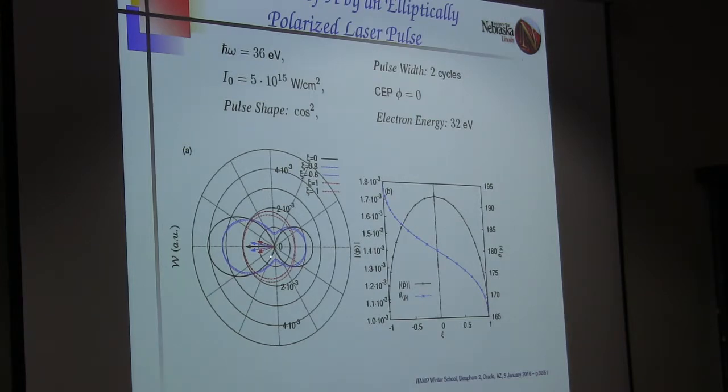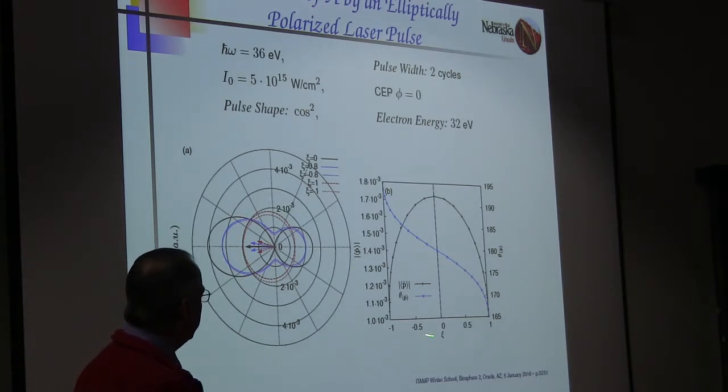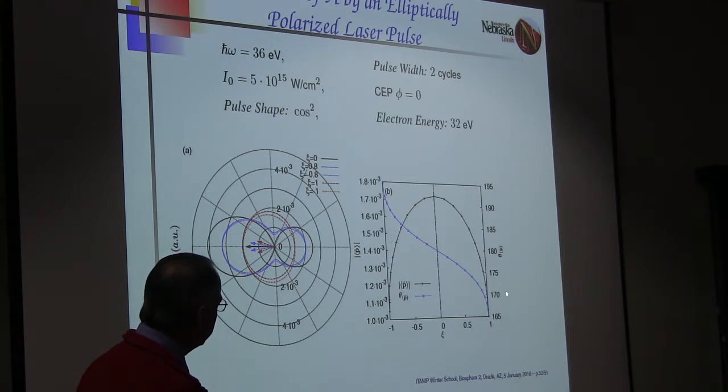The blue colored curves show you the difference. And you have this neat result that as a function of ellipticity, the magnitude of the weighted momentum distribution has this nice shape with the maximum at linear polarization, but the phase angle is monotonic.